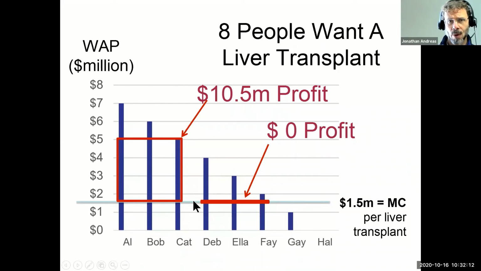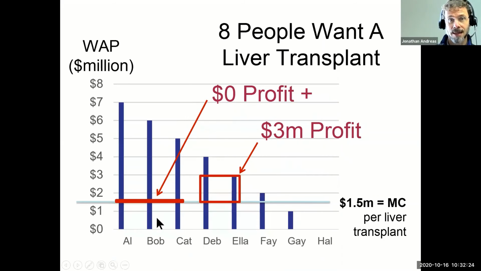where these people have insurance, and so they have good bargaining power. Because now we save an additional life. We can also save Faye's life if these 3 have it, and we make more profit than in this scenario here.